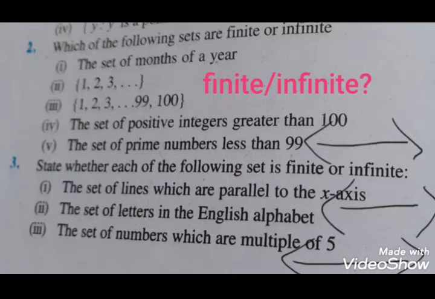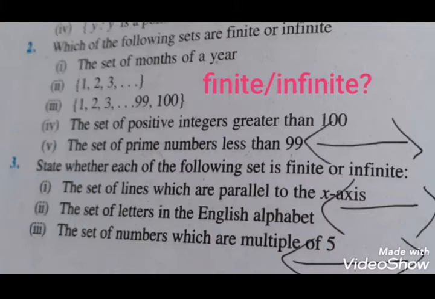So here 2, 3, 5, 7, 11, 13, 17, 19, 23, 29, 31, 37, 41, 43, 47, 53, 59, 61, 67, 71, 73, 79 (77 is not possible), 83, 89, then 97.